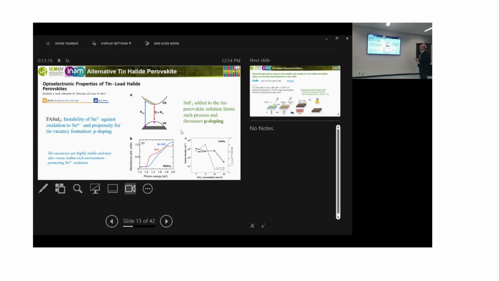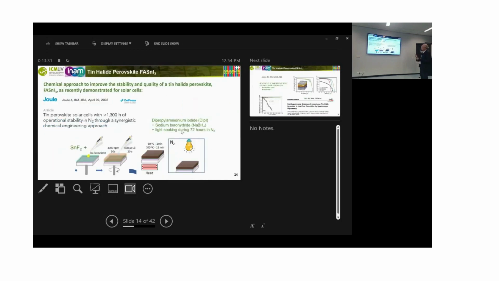And this also, of course, increases the optical quality and electronic quality for emission purposes, for light emission purposes. That is our main focus, of course.